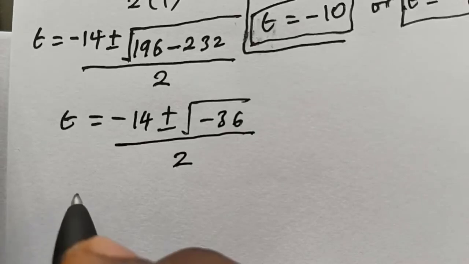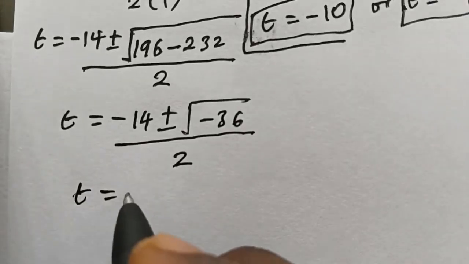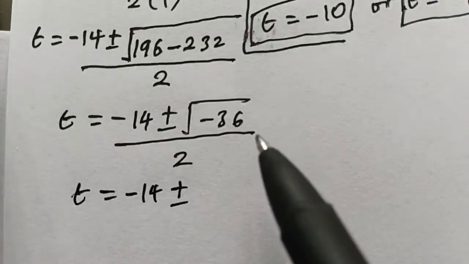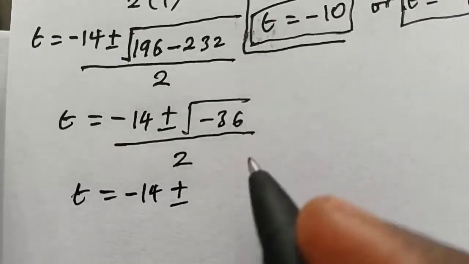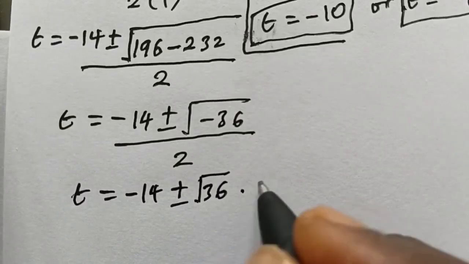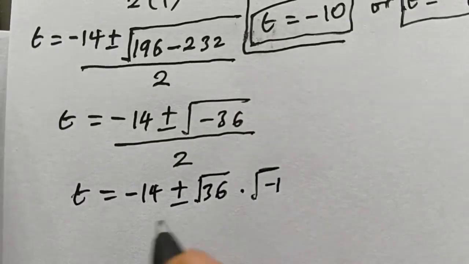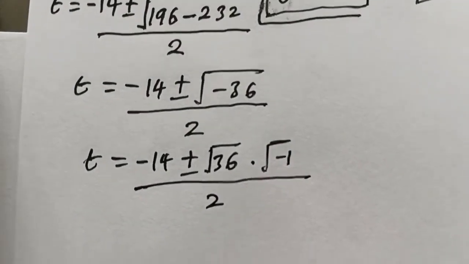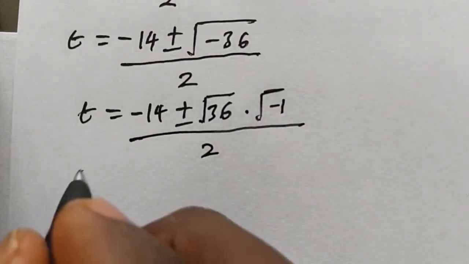I can rewrite the square root of minus 36 as the square root of 36 times the square root of negative 1, divided by 2.